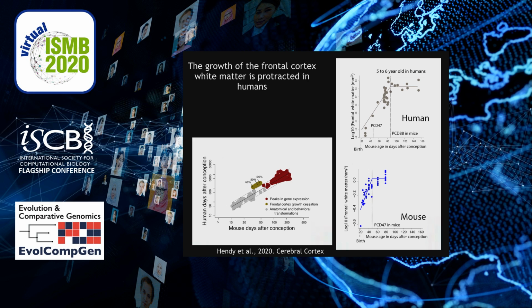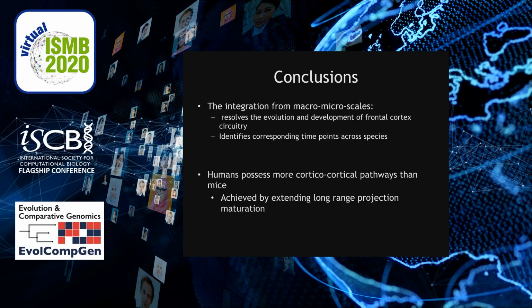And you can see that these time points capturing frontal cortex growth cessation fall outside the 95% prediction intervals generated from the peaks in gene expression and anatomical and behavioral transformations. So the data from neuroimaging and transcription both show that pathway maturation in the cortex is protracted compared with mice, even after controlling for variation in developmental schedules.